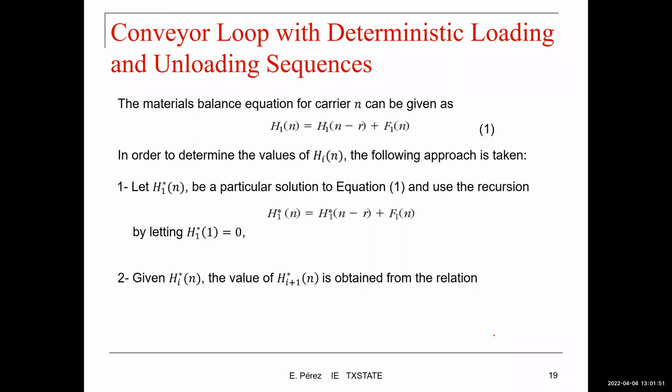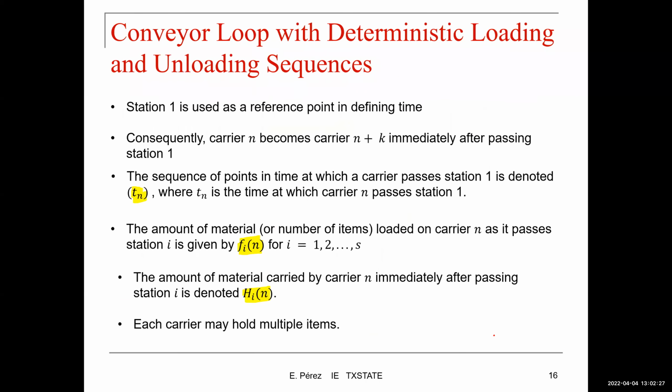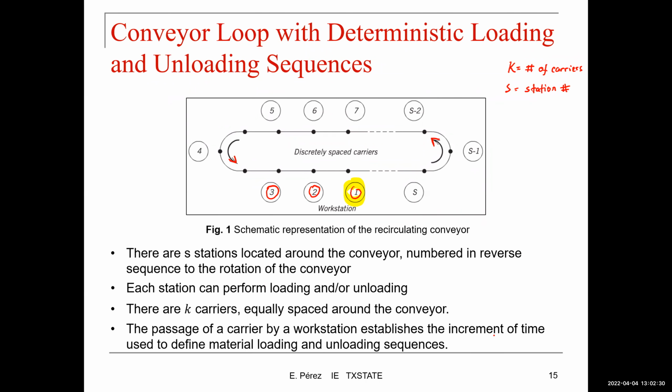We're going to define H_i star of N to be a particular solution to equation 1 and use the recursion H_i star of N equals H_i star of N minus R plus F_i of N. We're going to solve this assuming that the first value for H_i is equal to 0. So we make sure that we are keeping track of these parameters.